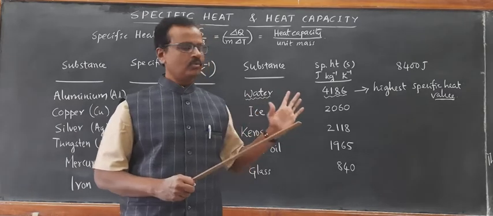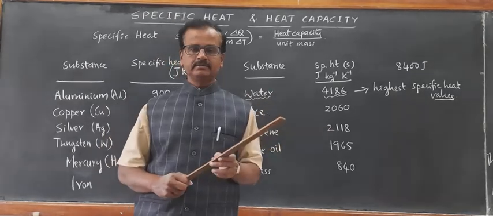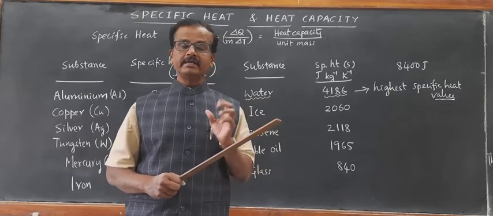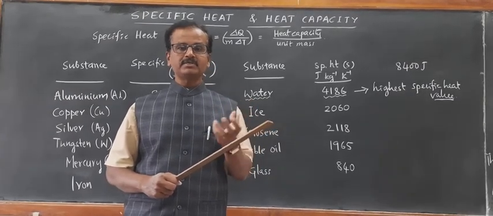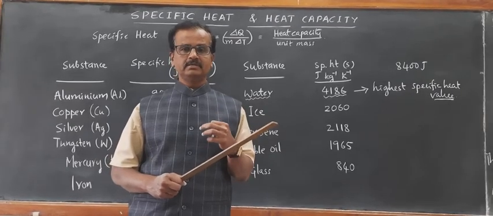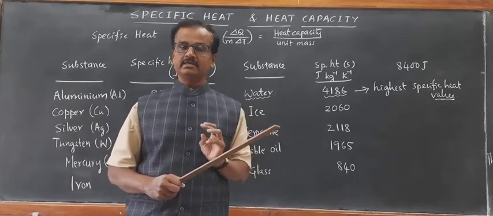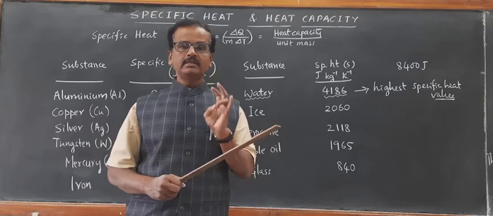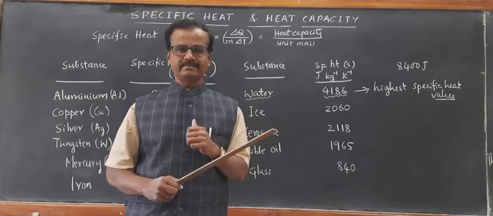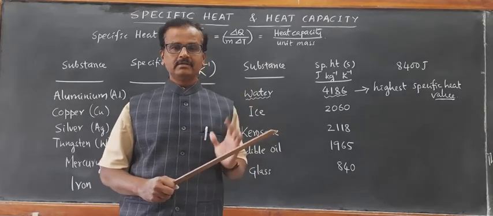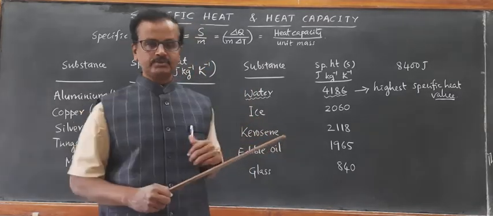That's why water is used as a coolant in the automobile radiators, so that it can absorb as much amount of heat as possible and slowly its temperature rises. That's why water is used as a coolant. And also water is used in the hot water bag. No other liquid is used.